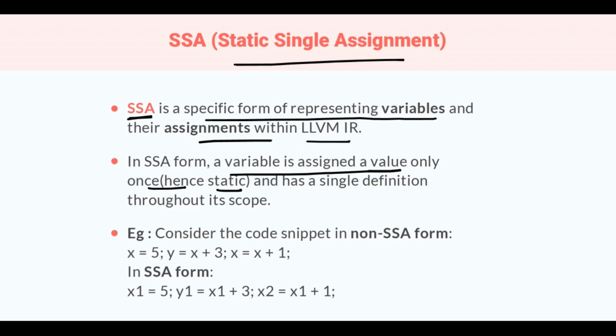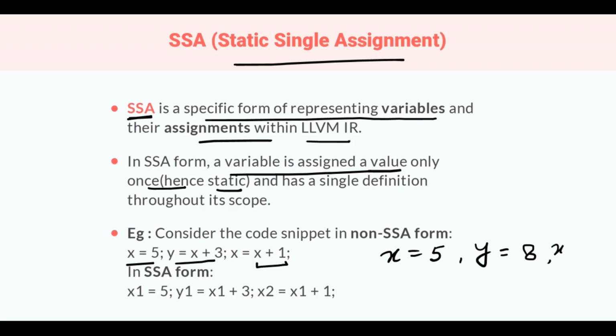Now let's discuss with the help of an example. Here, x is equal to 5. Then y is equal to x plus 3. The value of x is 5, so y becomes 8. Now in the third statement, it is changing the value of x by adding 1.